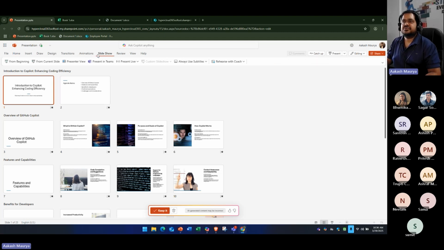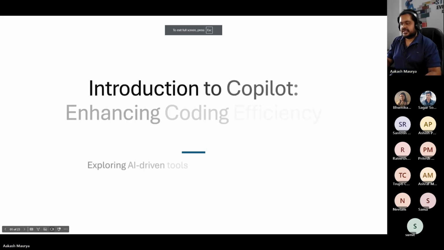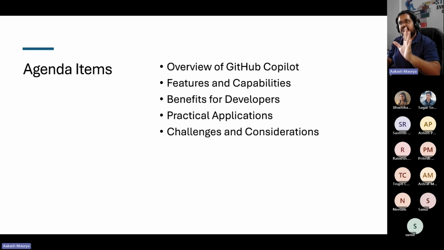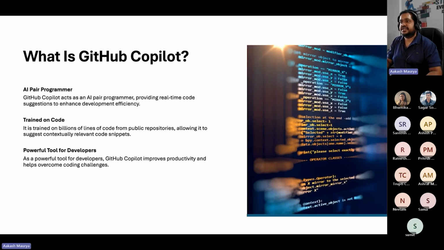If I simply go to slideshow from beginning, now you can see I haven't added any word and I haven't added any kind of animation to the PPT, but it has created that and it has added all kinds of animations into my PowerPoint presentation. And it has generated the content and the images also.